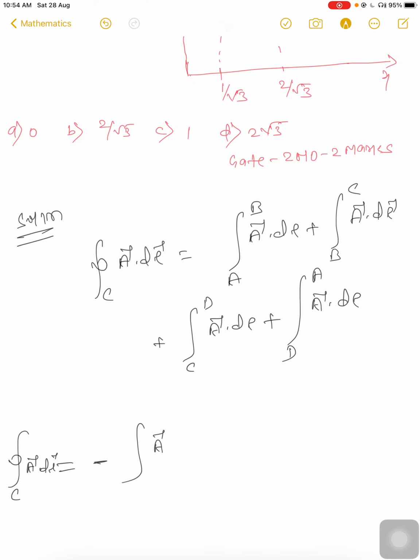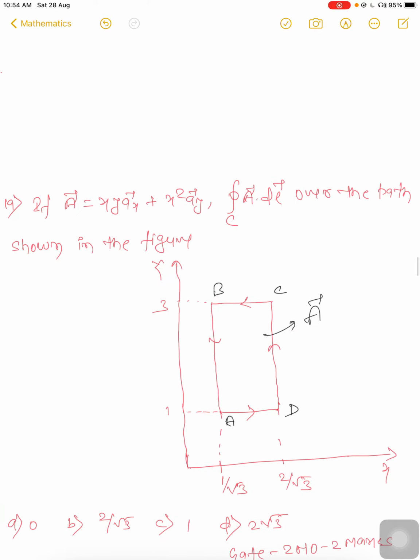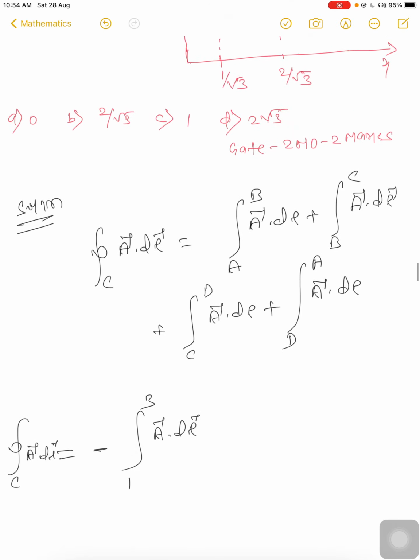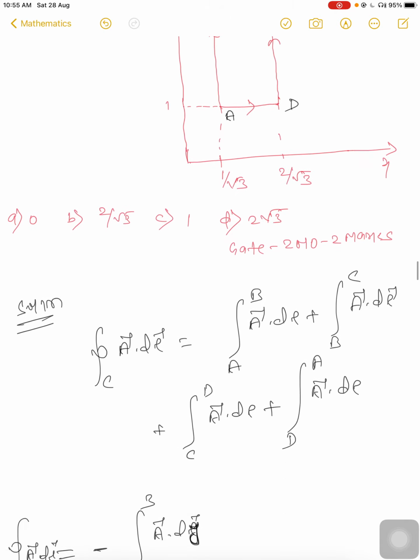Okay, so A, limit y moving 1 to 3. Okay, so 1 to 3 A dl, and here dl will be dy.